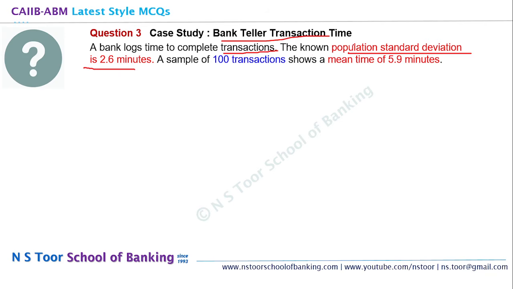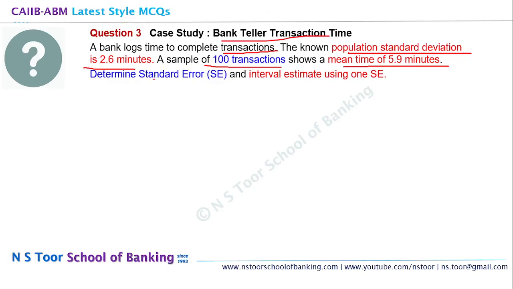Population standard deviation is 2.6 minutes. And a sample of 100 transactions, n is equal to 100, which shows a mean time of 5.9 minutes. Mean time is 5.9 minutes for sample 100 transactions.